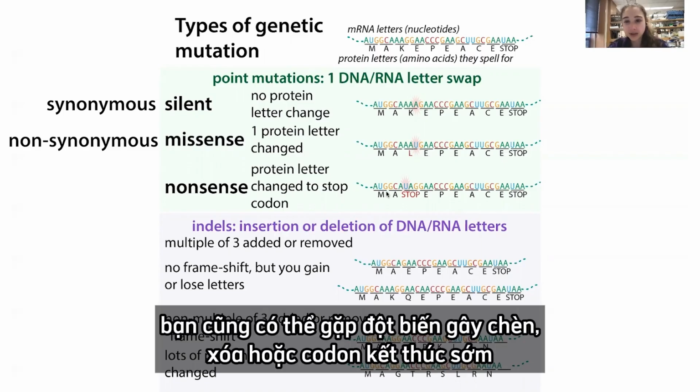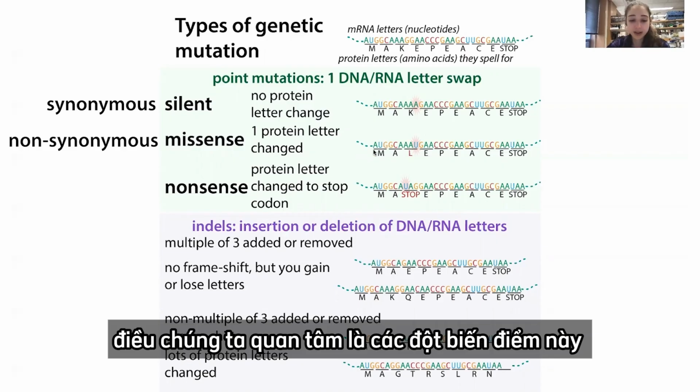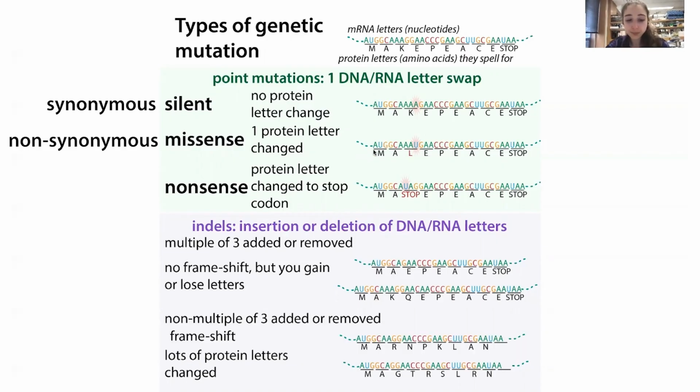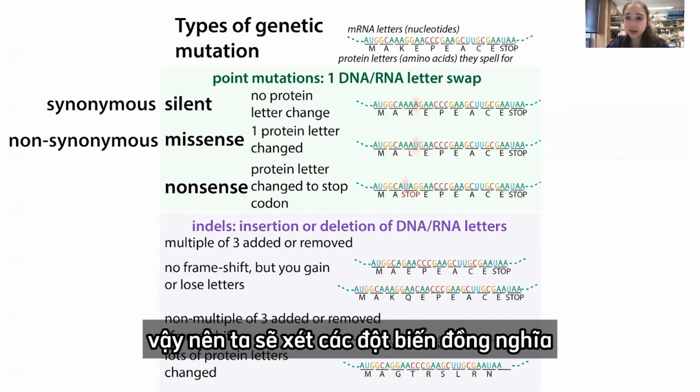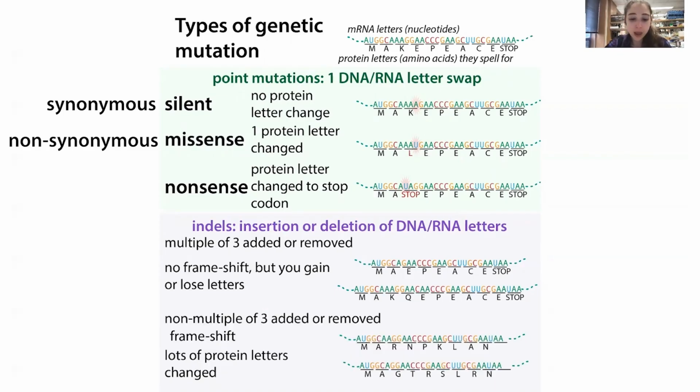You can also have mutations that make insertions and deletions or premature stop codons, but we're not going to get into that. What we really care about are these point mutations. We'll think about synonymous mutations, which leave the protein letter the same, and non-synonymous mutations, which change the letter.